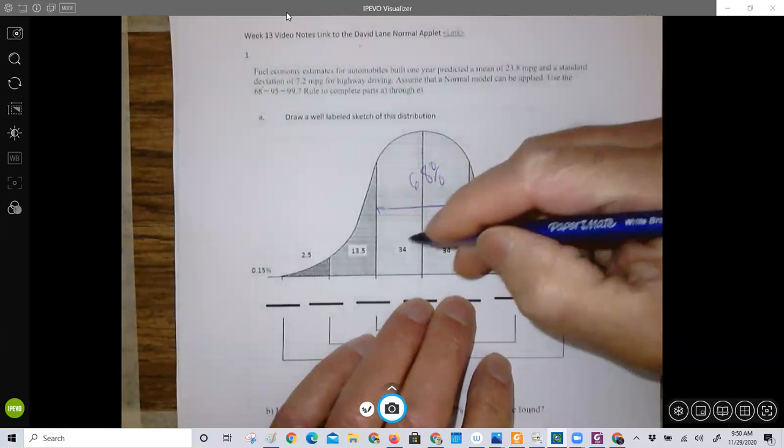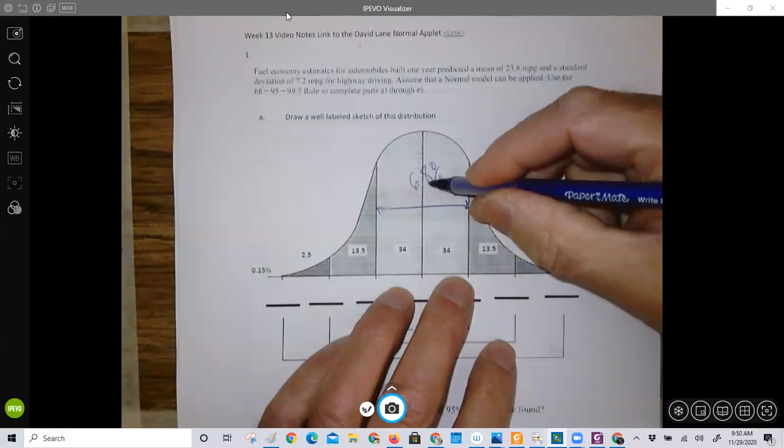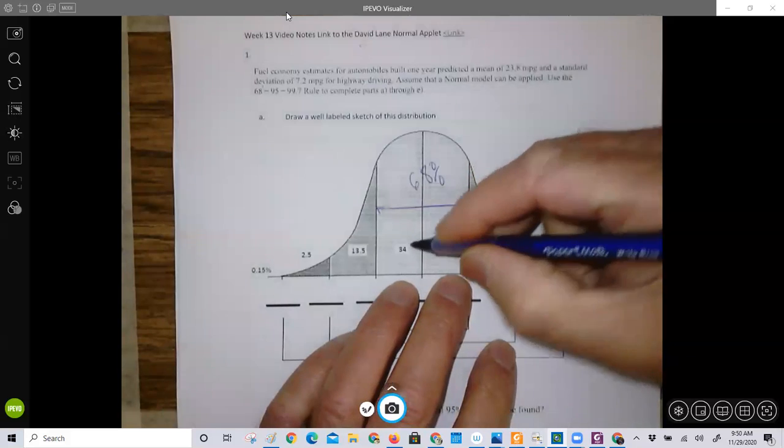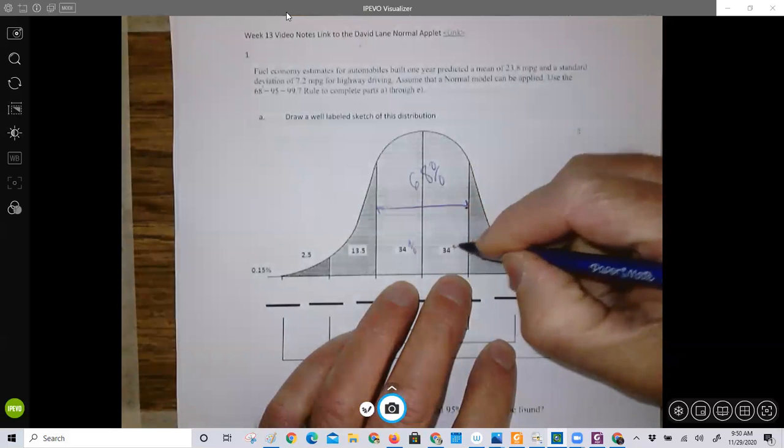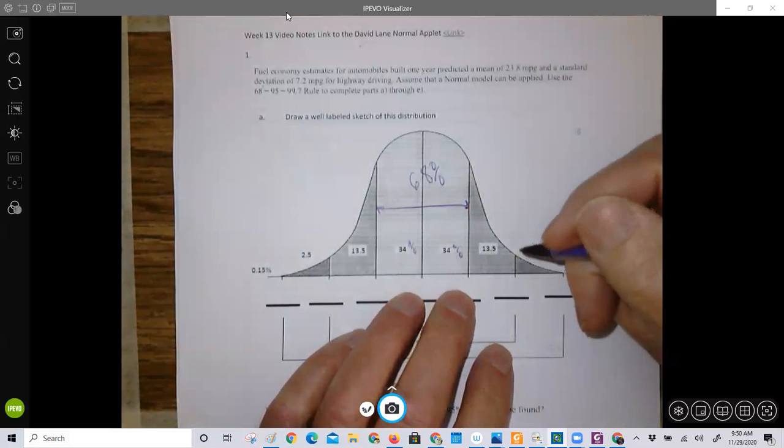So 1 standard deviation below, 1 standard deviation above. And notice that I split the 68 in half for 34% and 34%, and because this is a symmetric distribution, I can do that.